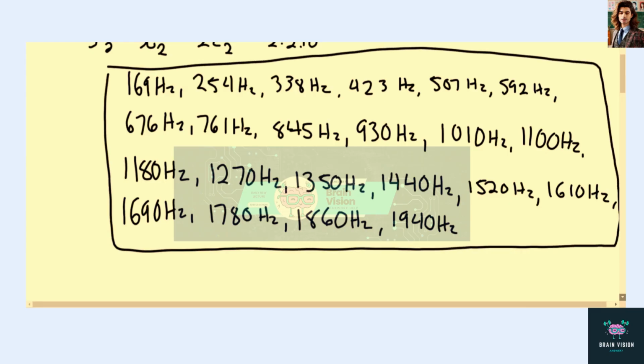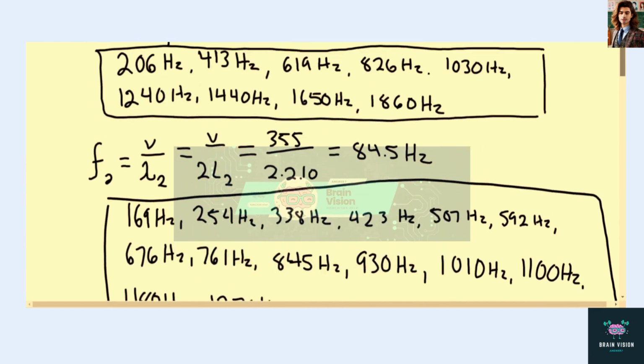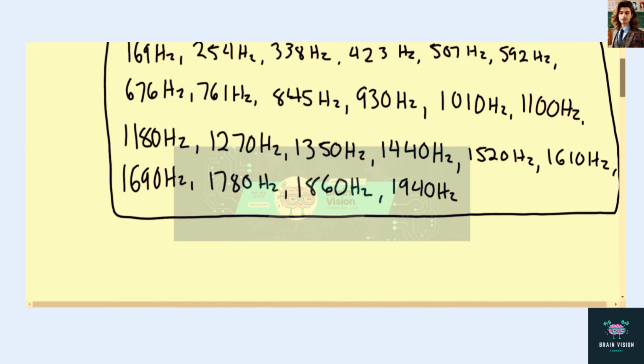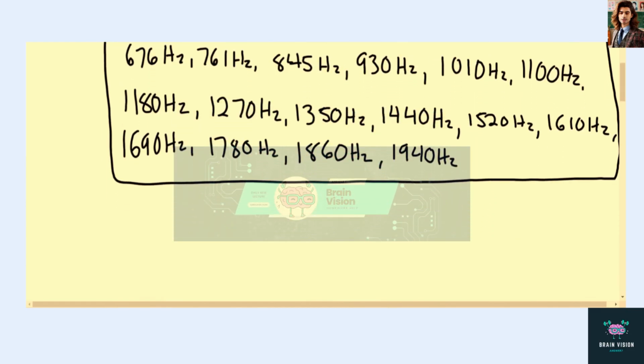We have a lot of different individual answers here, but the basic formula for each one is this. For the dimension of 86.0 centimeters, the formula is 206 times n, where n is just an integer value starting at 1, and just make sure that those values are between 130 hertz and 2000 hertz.